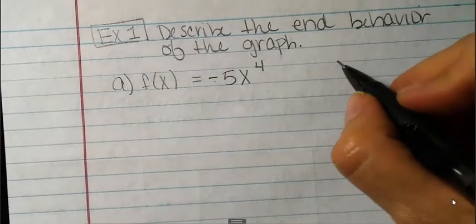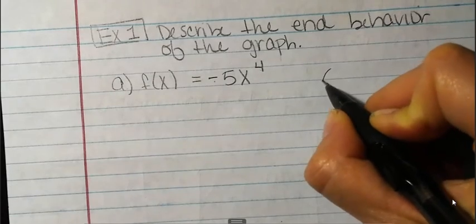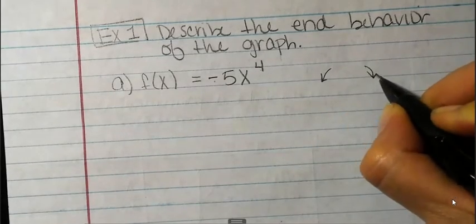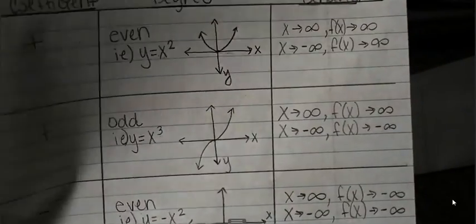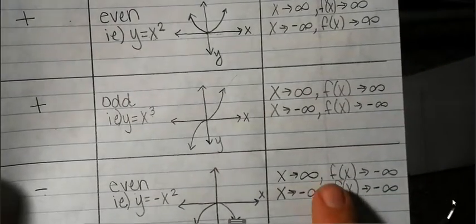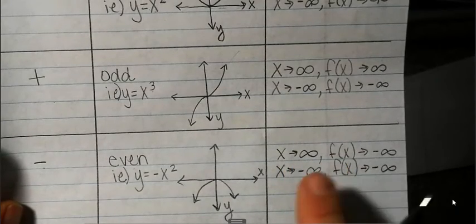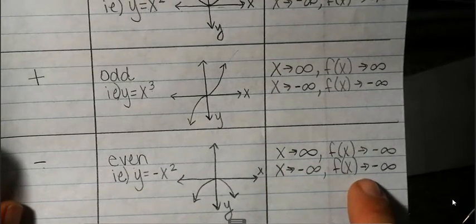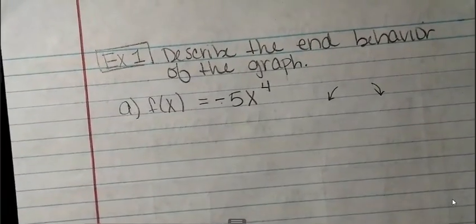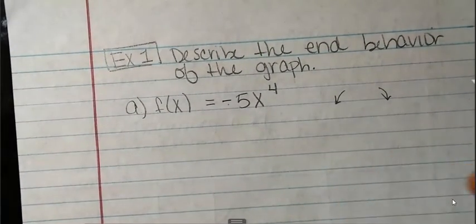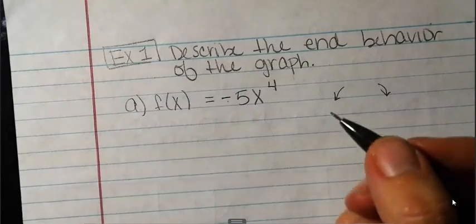All right, so thinking about that, I know that it's going to basically be going down on the left, down on the right. So now I'm going to describe it. And so my description comes directly from right here, right? So as x gets big, y gets small. And as x gets small, so does y. Okay, and I like to draw little pictures here to kind of just remind myself of what is happening.